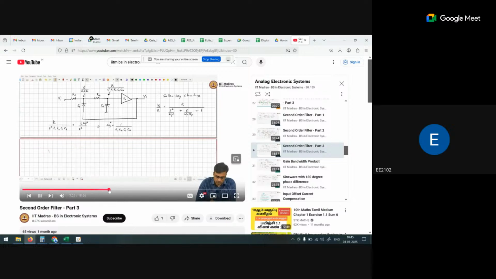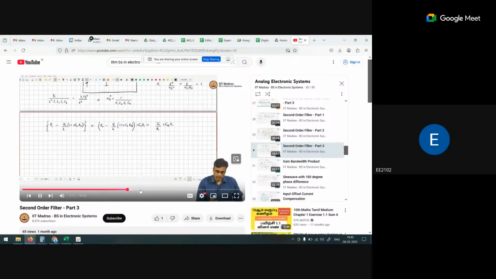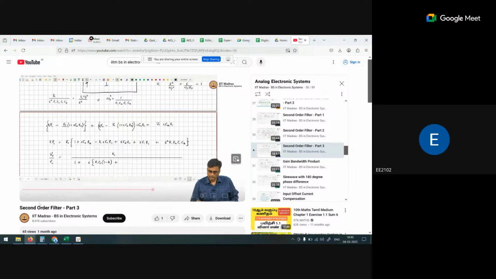So if we go with this particularly, yeah, this is the transfer function formula.